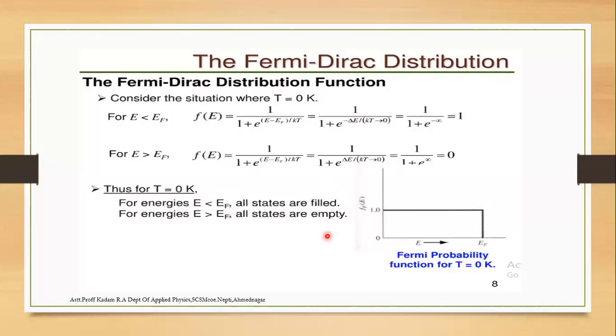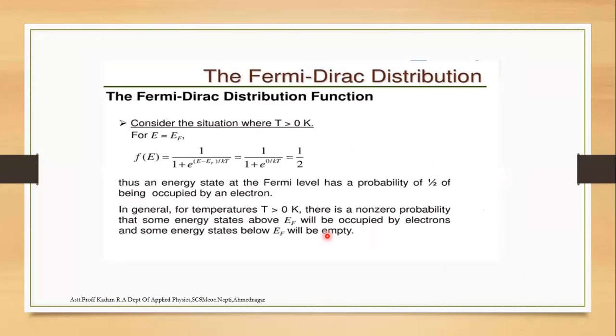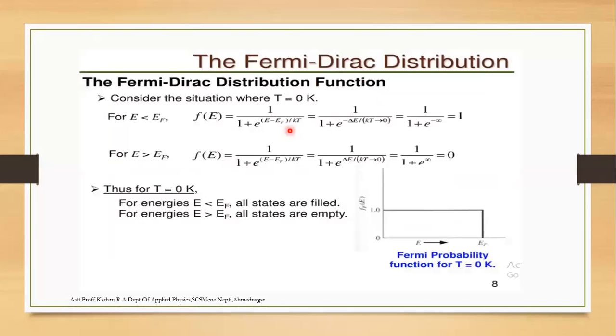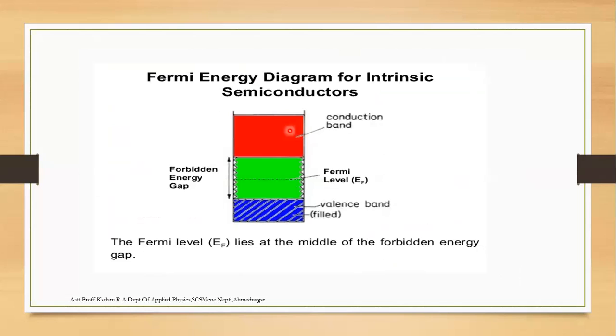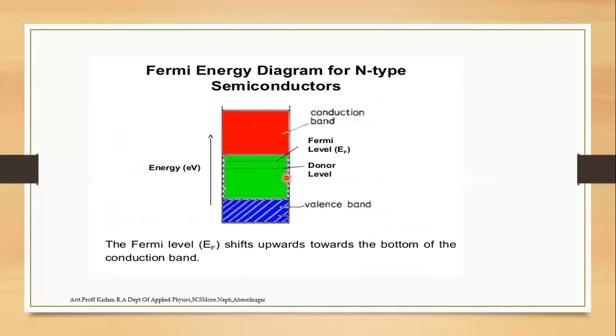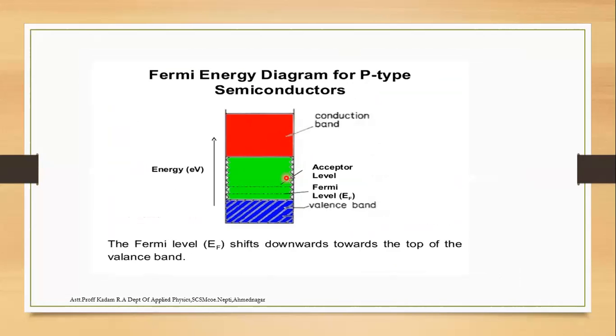Next, the Fermi distribution function for a temperature greater than 0. Then at E equal to E_F, the Fermi function is one half. The diagram shows the intrinsic semiconductor, where it is halfway, and this is proved mathematically by this equation.